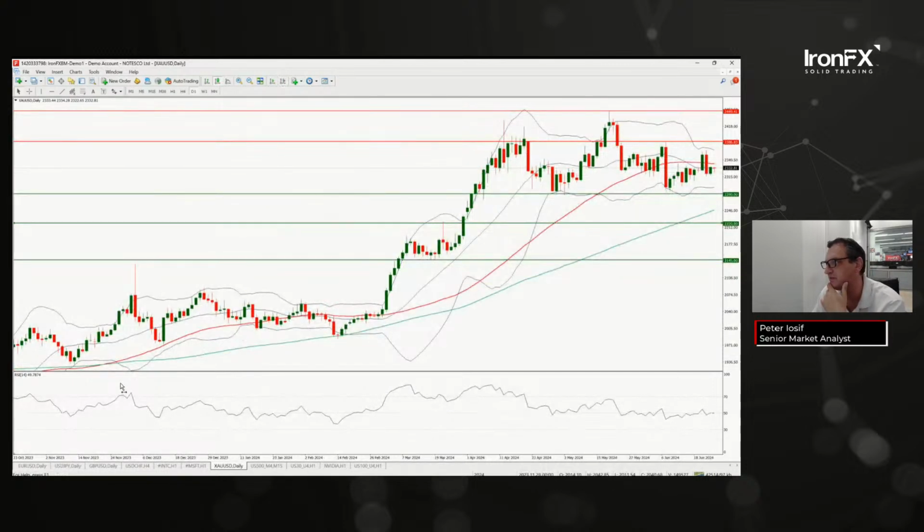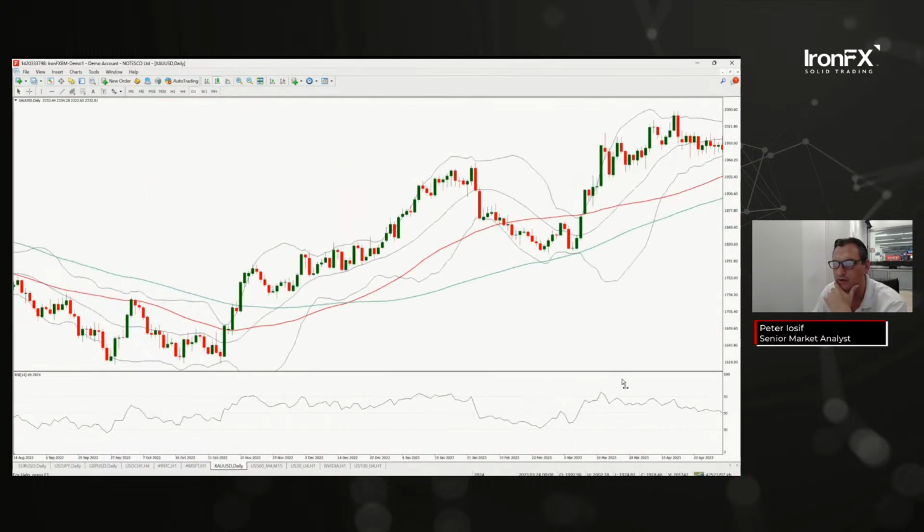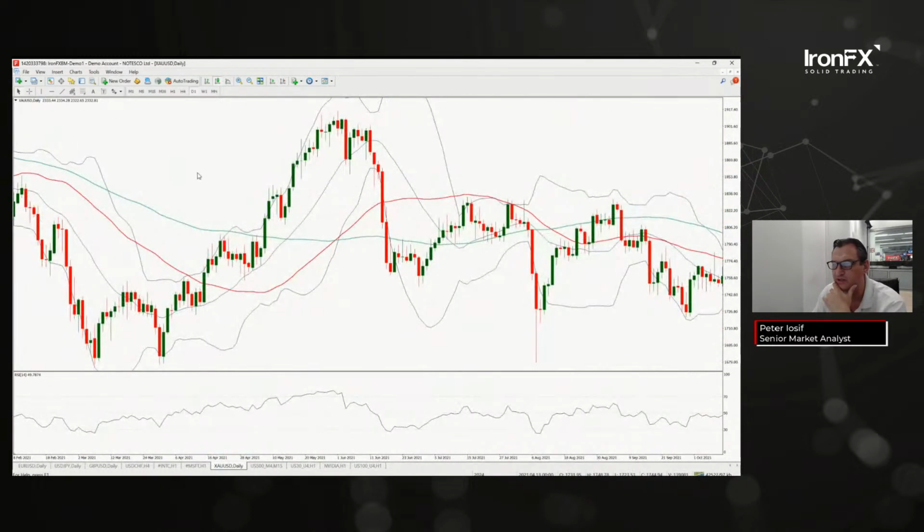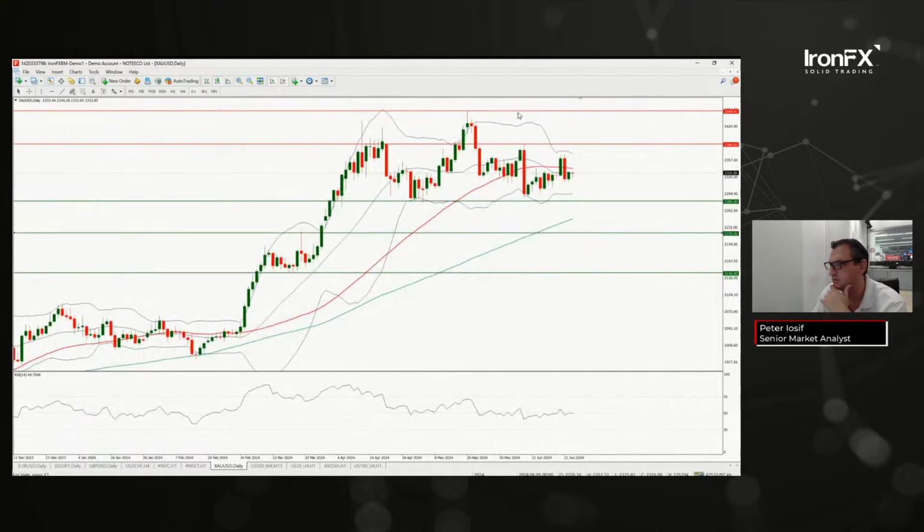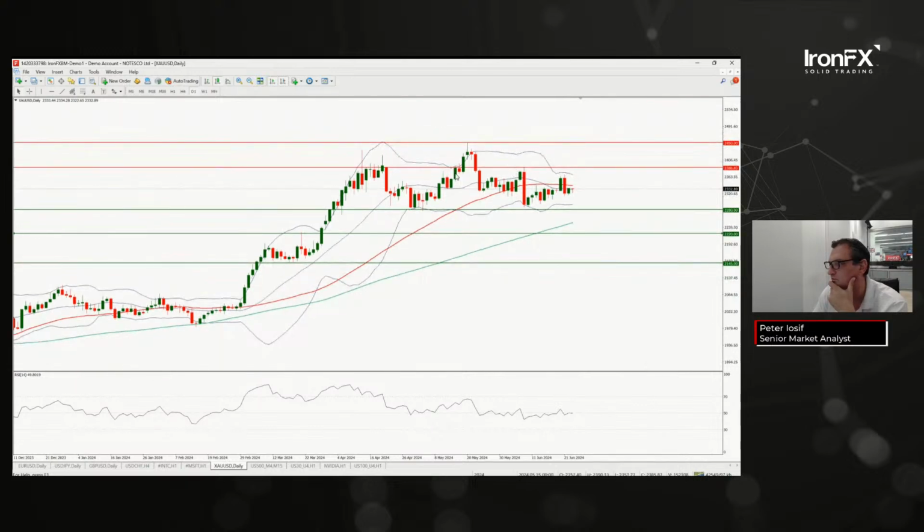Unlocking the chart, I think that the 2450 is practically an all-time high. And yes, that it is. 2,385 being the second resistance line.